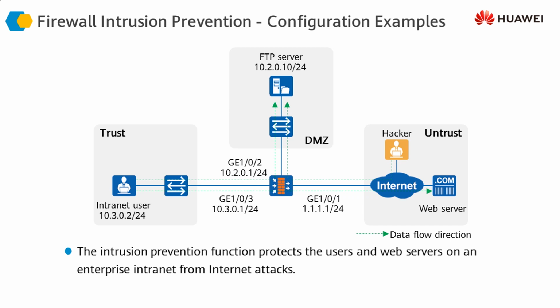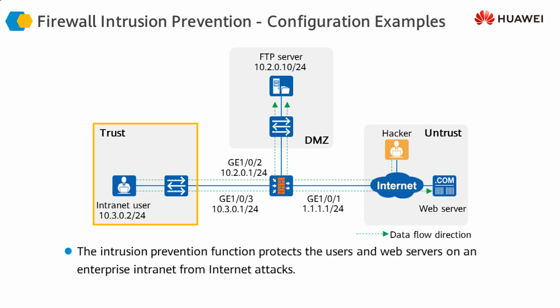We'll need at least 2 security profiles. One security profile protects the traffic between the internet and our intranet users or our DMZ servers. That is going to be one IPS profile. The second IPS profile could be the profile which protects our DMZ from the trust users, the users sitting in the intranet, because we want to protect our DMZ not only from the users sitting on the internet but also from the users within our network.